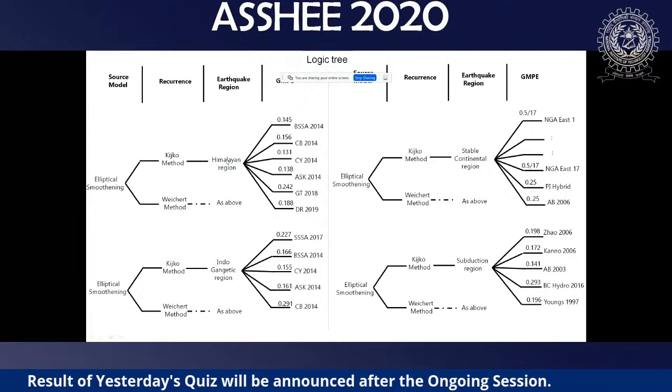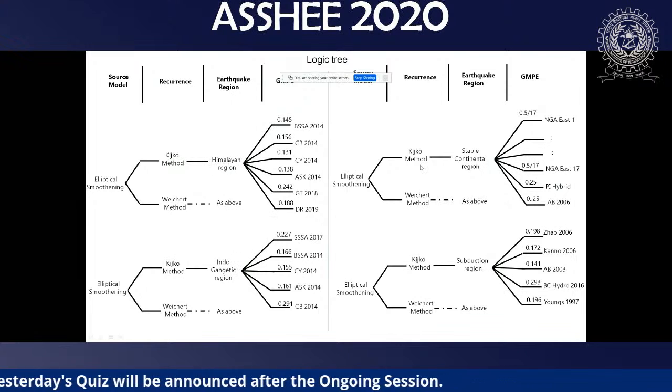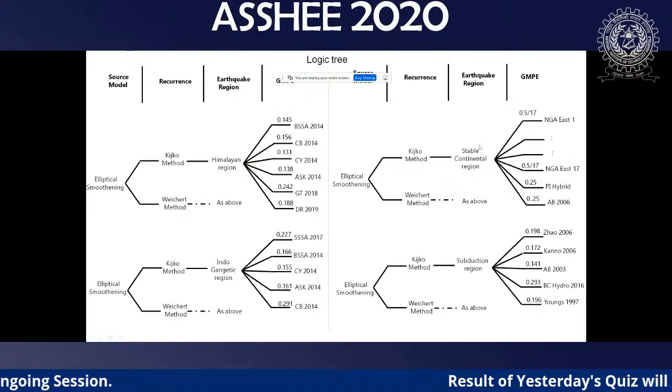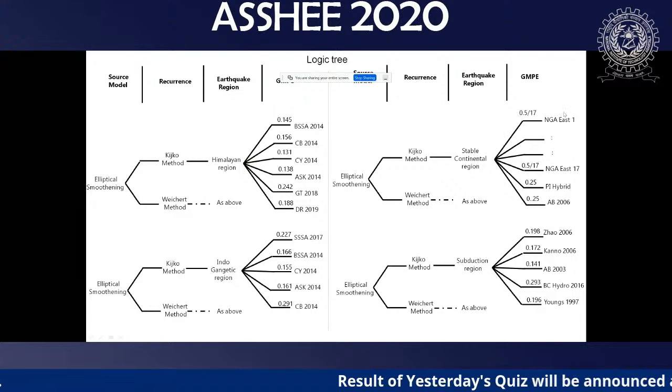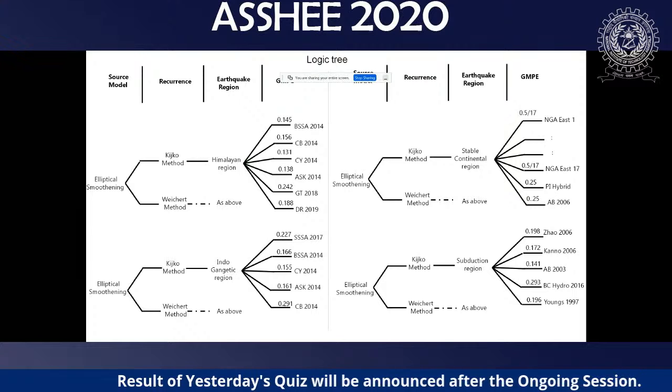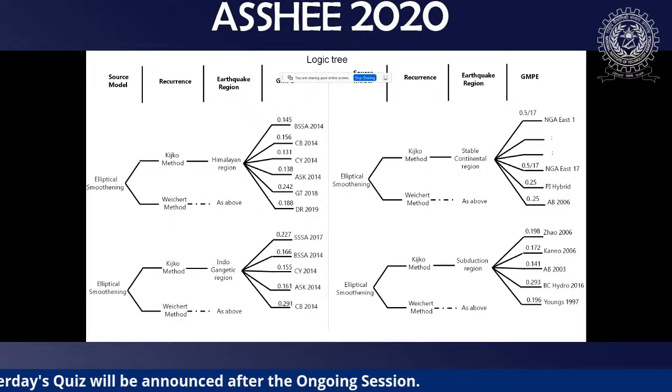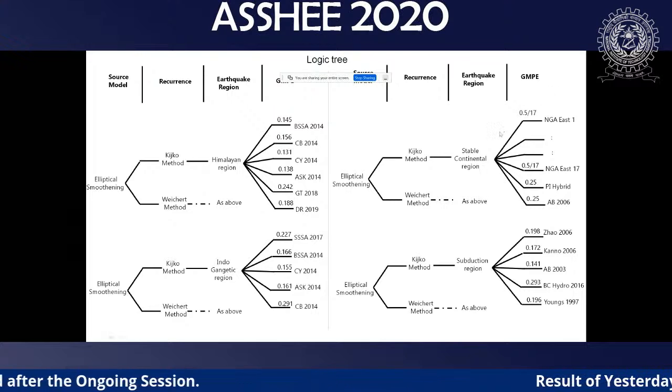Like this, we did it for the Himalayas, then the Indo-Gangetic basin, then the stable continental region, and the subduction region also. When it comes to stable continental regions, recently the NGA-East report was released by PEER Berkeley, and it is available online. They have given some 17 GMPEs, all estimated from stochastic seismological models, and we have used all of them.